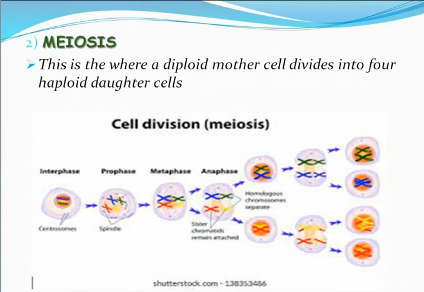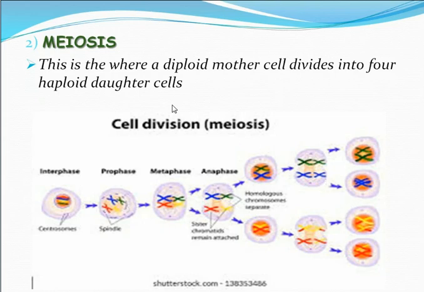Now if the cell divides and gives a total of 4 daughter cells, the type of cell division is called meiosis. These daughter cells are always haploid, meaning that they have one set of chromosomes, meaning it is half the number of the mother cell.